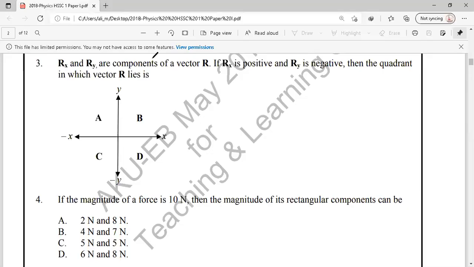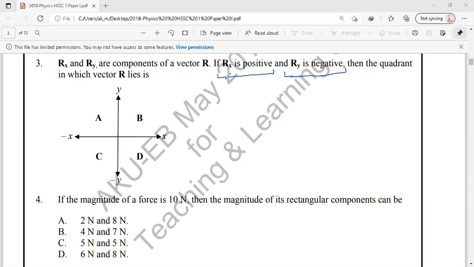Then we have question number 3. The rx and ry are the components of the vector r. If rx is positive, the horizontal component is positive and the vertical component is negative. We have to identify the quadrant in which the vector r lies.